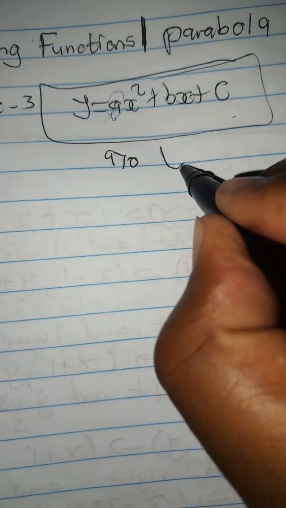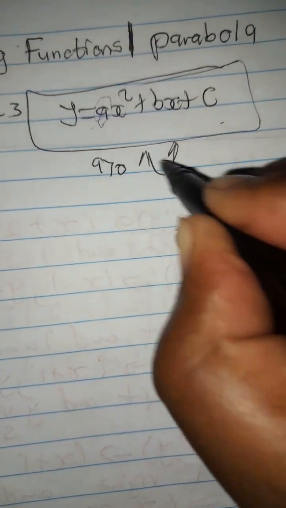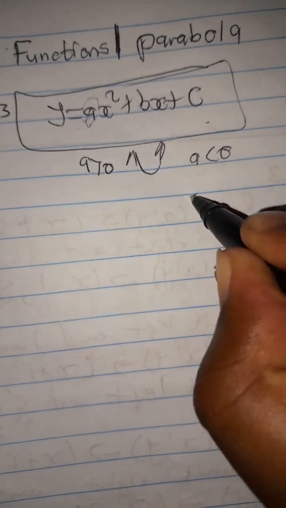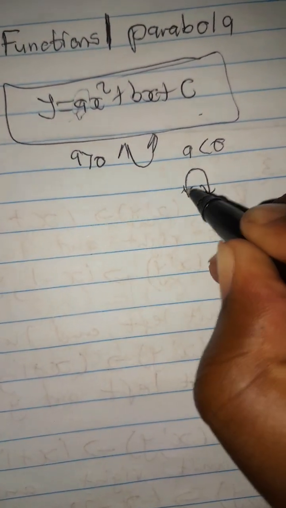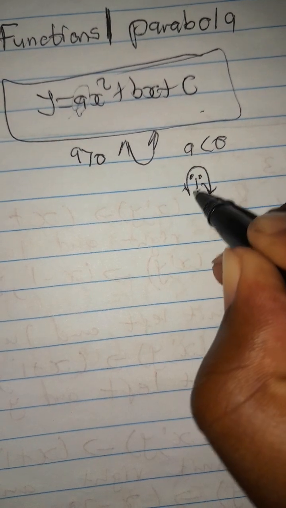If your a is greater than 0, your graph will be a smiling curve. But if your a is less than 0, your graph will be a sad face.